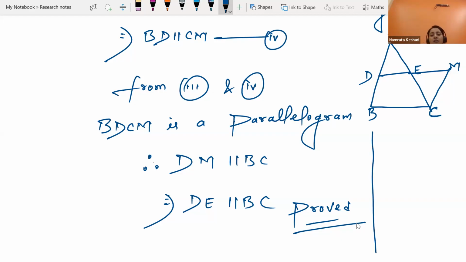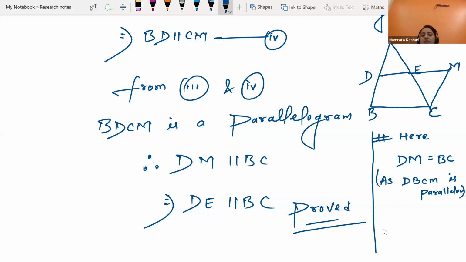You can keep it in your notes here. This DM is equal to BC also. As DBCM is a parallelogram, so their halves are also equal, right? Yes, ma'am.